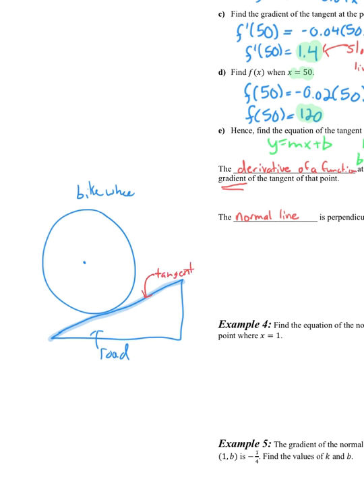So your tangent line, the road, is just touching the bike wheel at one point only. And then you have something that comes perpendicular to it, and that's the bike spoke. The bike spoke is also the normal line, because it's perpendicular to the tangent line.